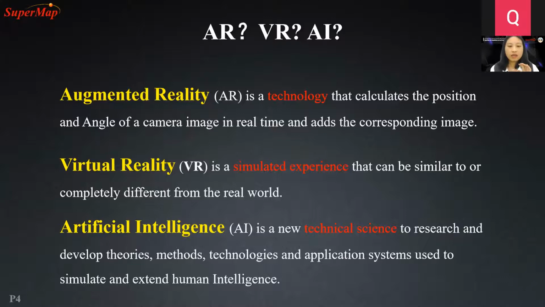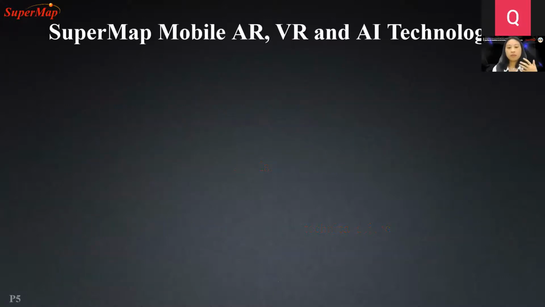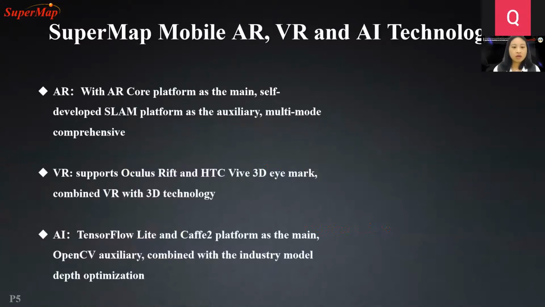We may know about the AR, VR, and AI more or less, but how does SuperMap apply? Here, I want to talk about how SuperMap applies the AR, VR, and AI. From the AR side, we take the ARCore platform as the main and integrate with the self-developed SLAM platform.